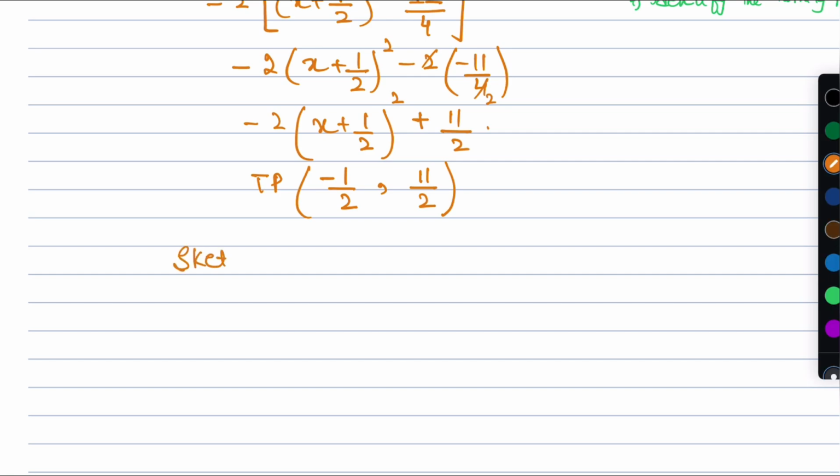after expressing it in the completed squared form, I got the answer, and my answer here was negative 2(x plus 1 by 2) the whole squared plus 11 by 2. This is the completed squared form, which should be a(x plus b) the whole squared plus c.